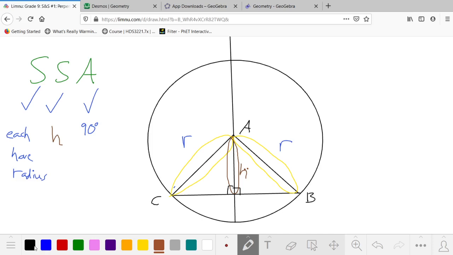If we wanted to, we could take it a step further and show that these two corner angles have to be the same because it's an isosceles triangle. So these two corners plus this center angle A add up to 180. Divide that all by 2, and we've got one of these corners plus half of the central angle adding up to 90.